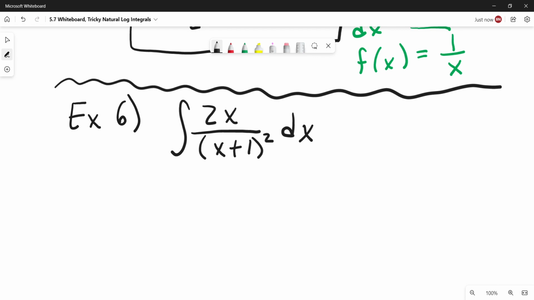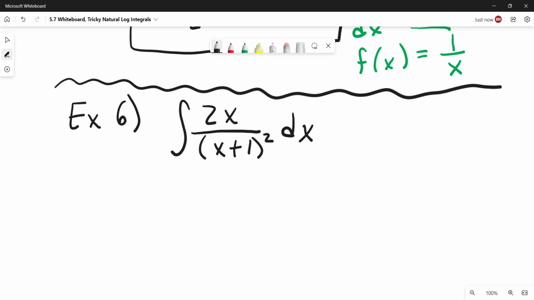We can't do anything immediately to this, besides figuring out what some kind of inside function is. If we chose x plus 1, our du/dx would be 1. Is 1 a constant multiplier of 2x?